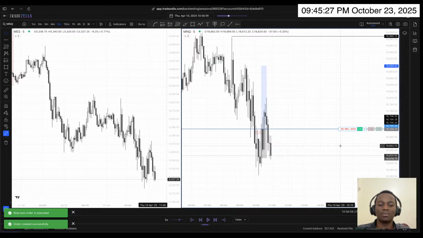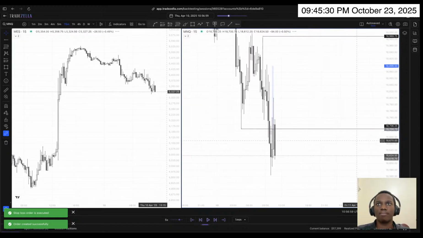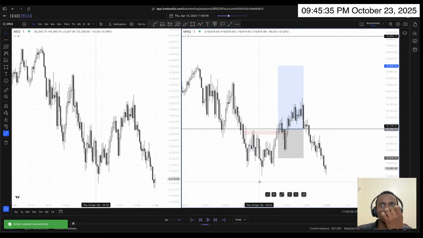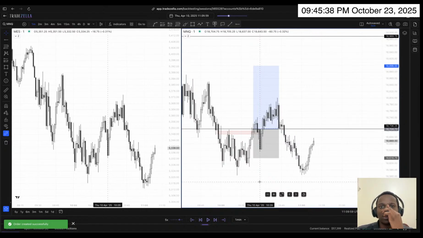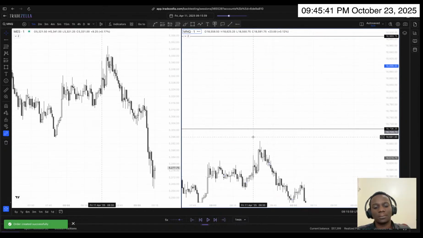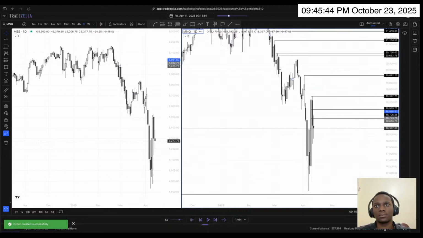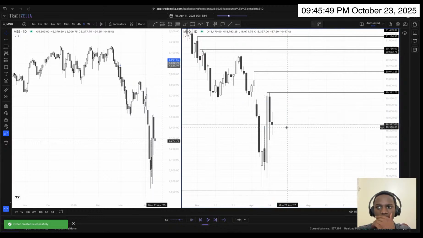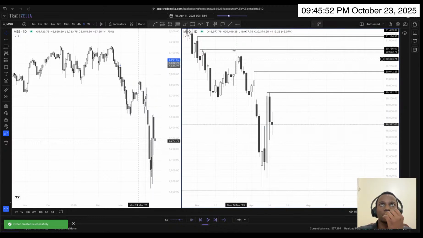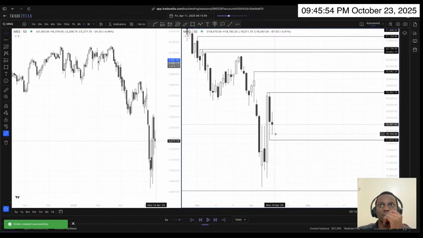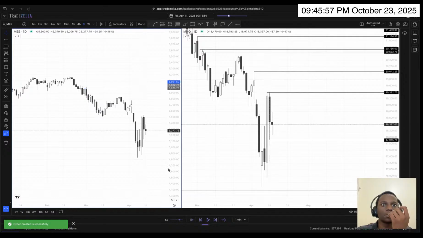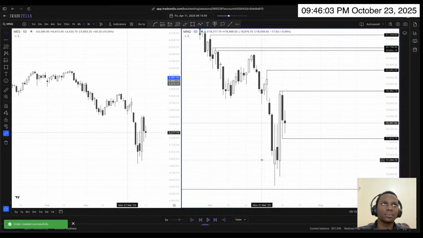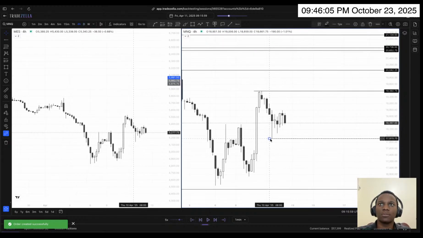I didn't have to set the TP. Like, it showed me what it could do, but honestly, this is a bad condition to trade, man. The 4 has this thing here.